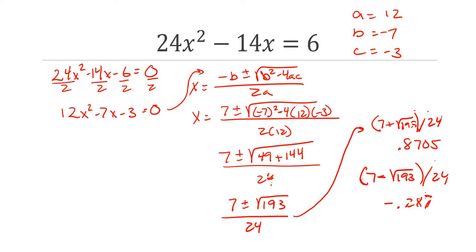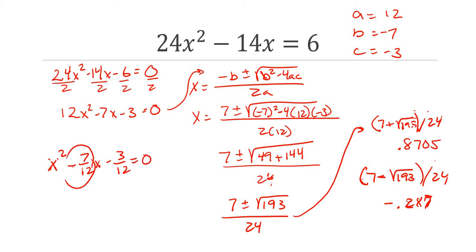So you can see that this is a case where factoring would not have worked, where graphing would not have worked because it's in between two numbers, and where, if I had done complete the square, I would first have had to divide by 12, because the leading coefficient has to be 1 for complete the square.